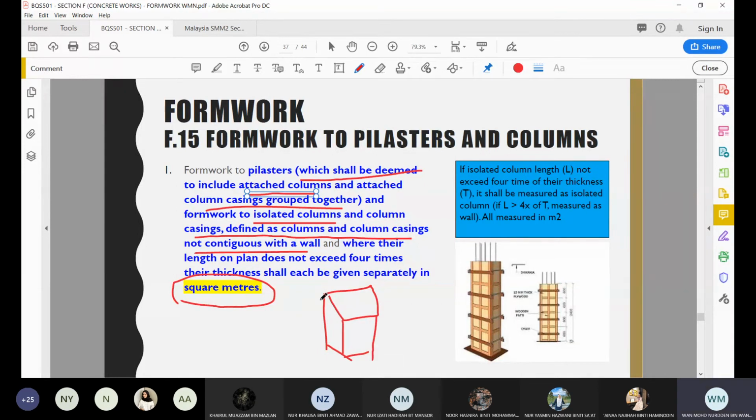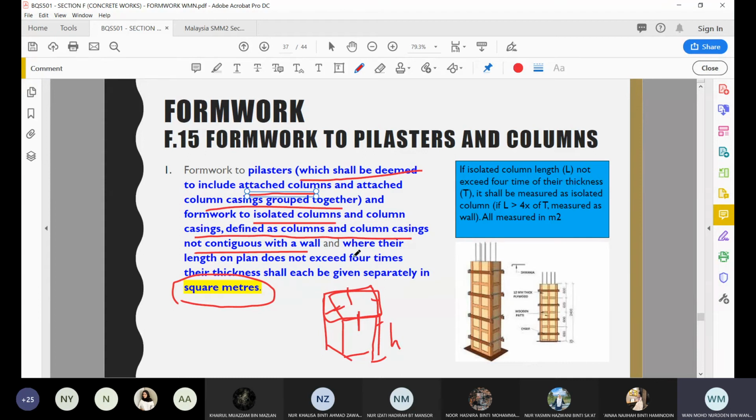Ambil curve lah. Okay, panjang, darab lebar. Panjang, lebar, panjang, lebar. Darab dengan dia punya tinggi lah. Height. Ambil curve times with the height. So kita tahulah kita punya in meter square lah unit dia untuk kita punya formwork to pilaster or column.